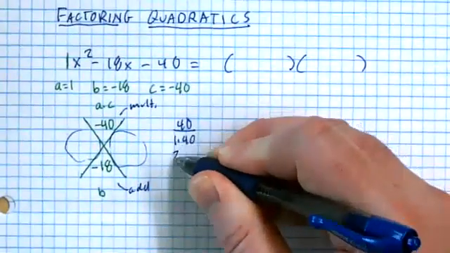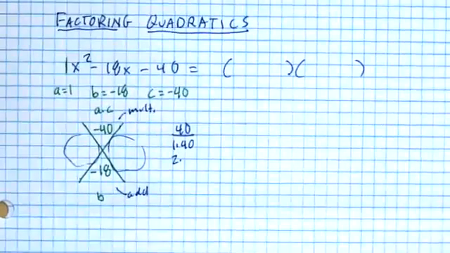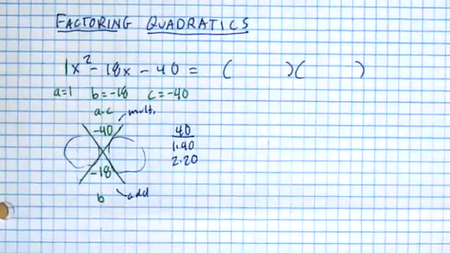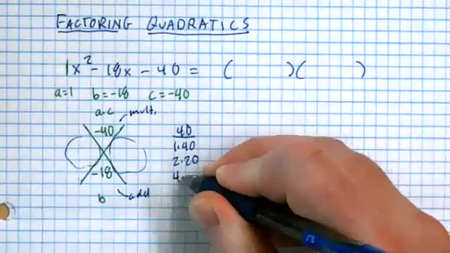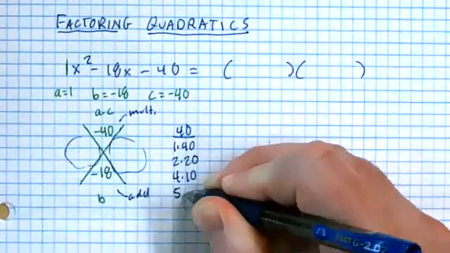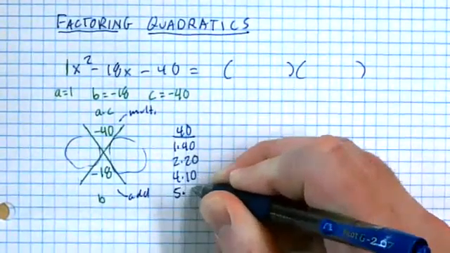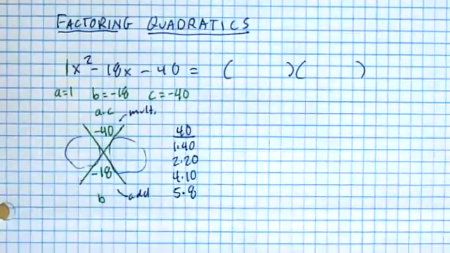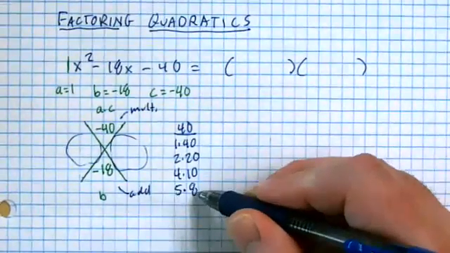Can 2 multiply by something to give you 40? 2 times 20. How about 3? No, skipping 3. How about 4? 4 times 10. How about 5? 5 times 8. How about 6? No. How about 7? No. And then 8 is a repeat, so I know my list is complete.